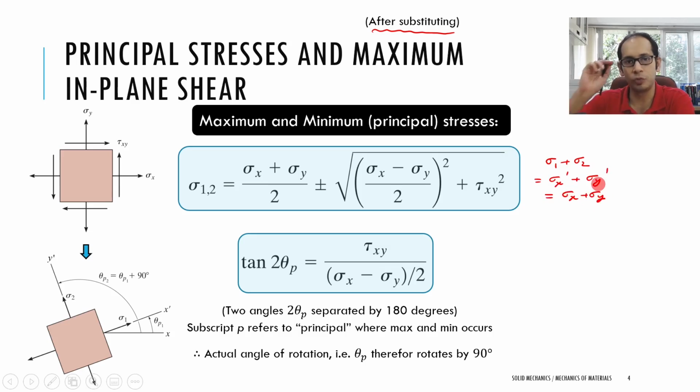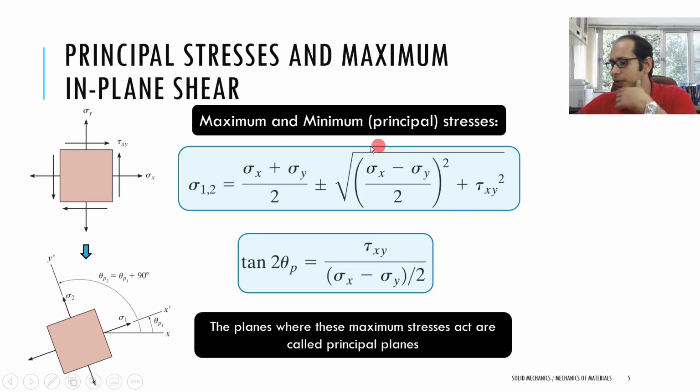That always stays the same. If you add sigma 1 plus sigma 2, this term cancels out, so you end up with sigma x plus sigma y. Also, this is the angle of rotation which we wrote on the previous page: tau xy divided by (sigma x minus sigma y) divided by 2.